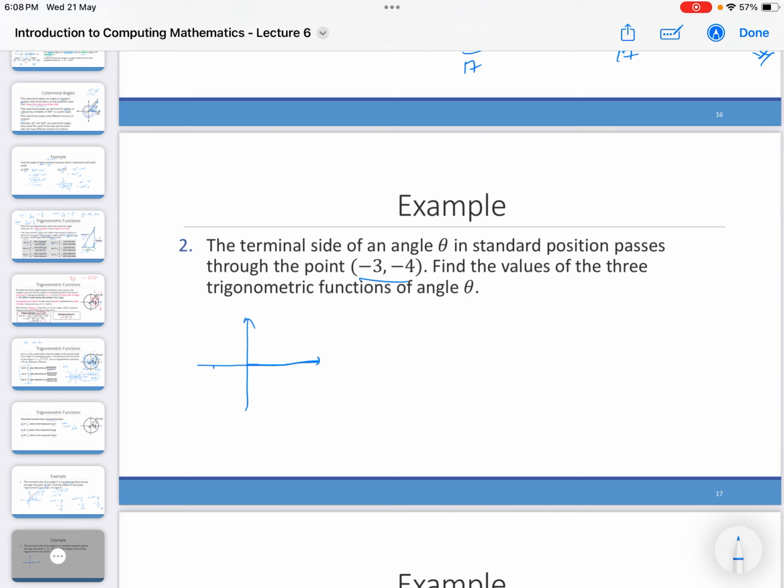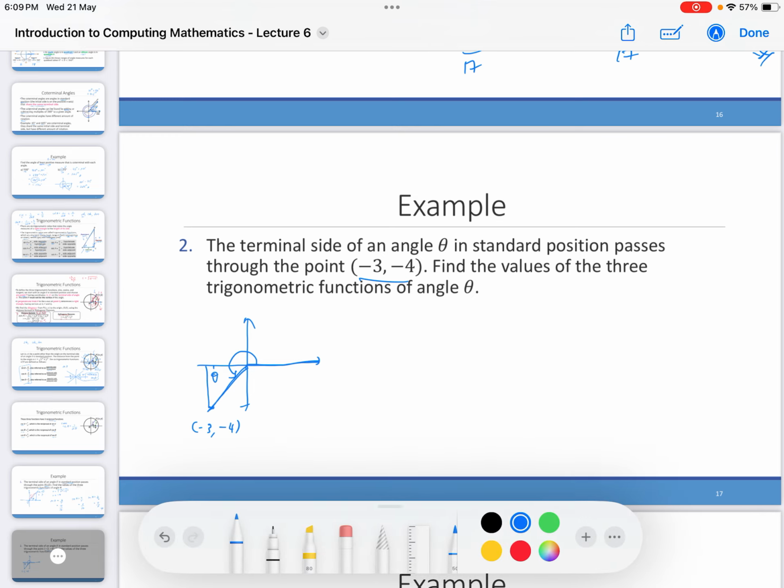Let's say over here is the point (-3, -4), so the terminal side will be this one. Basically the theta is here, so that means the reference angle is actually this one.